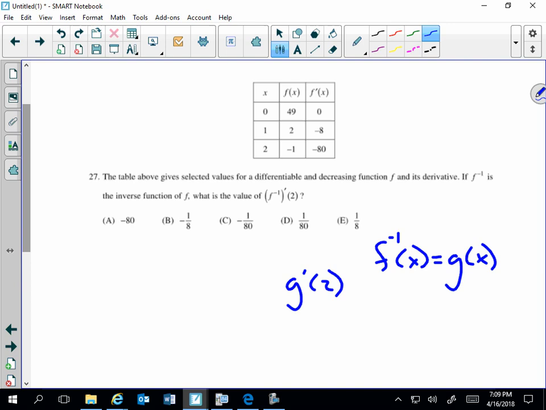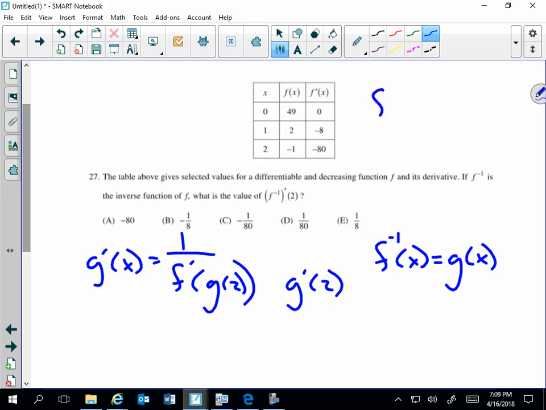Remember our rule. It is going to be, just in general, 1 over f prime of g of 2. What is g of 2? This here says f of 1 equals 2.